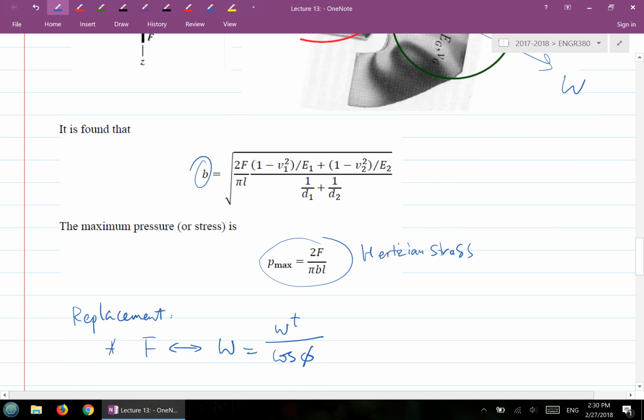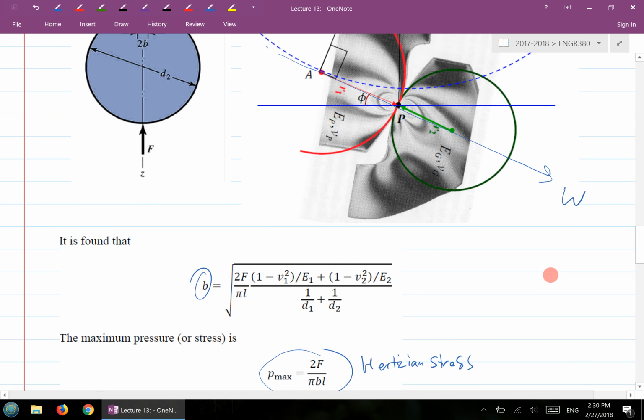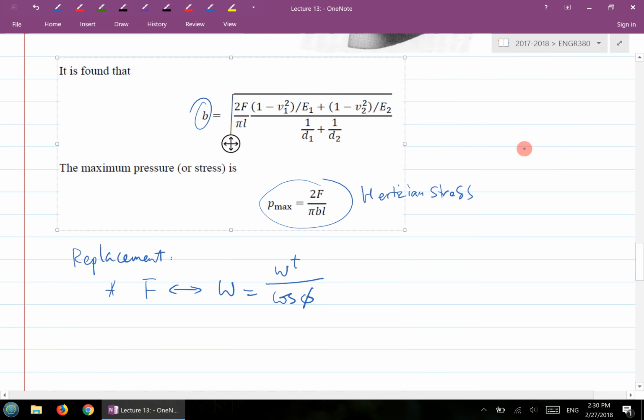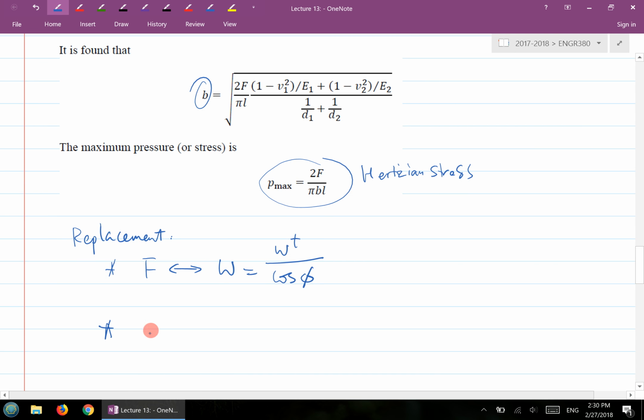So replace the F with W, and also replace the L here. The L is the length of the cylinder, so in this case we replace it with the face width. This is a little strange symbol-wise, because we use F here for the face width, so this is not a force, but on the other side, this is the force.